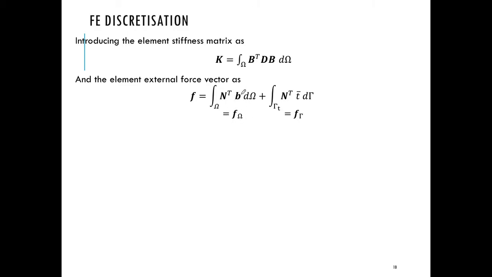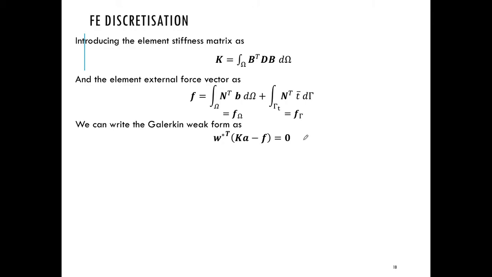So it just consists of the body force vector multiplied by the shape function and then integrated over the entire domain. So it's a body vector term, and then a boundary term which consists of the applied tractions on our particular specimen. So that is going to be my surface forces essentially, right?